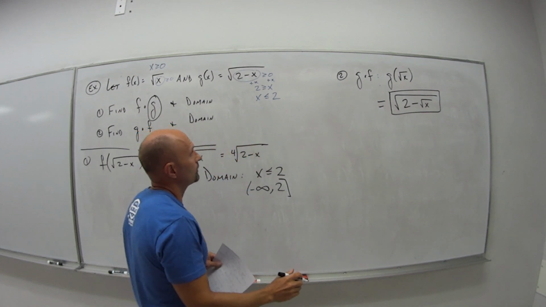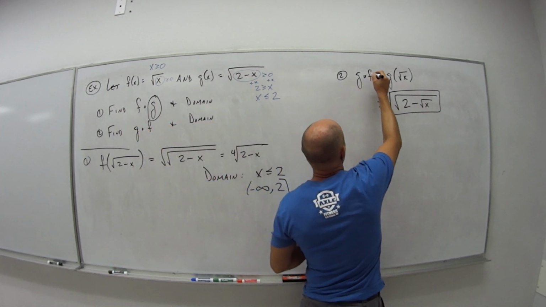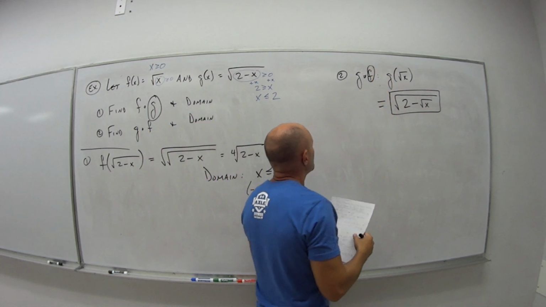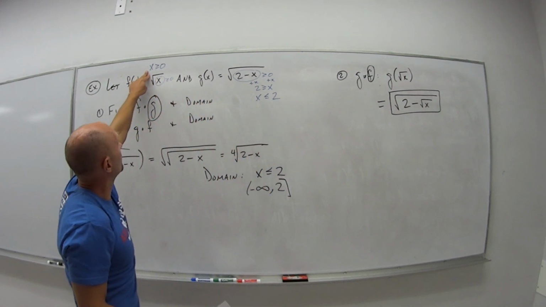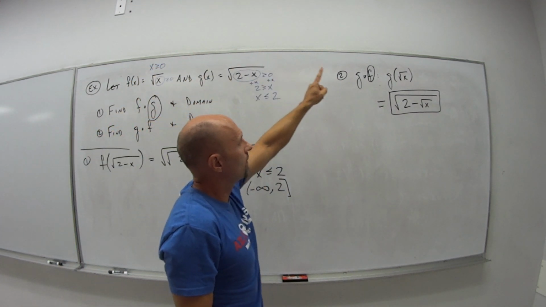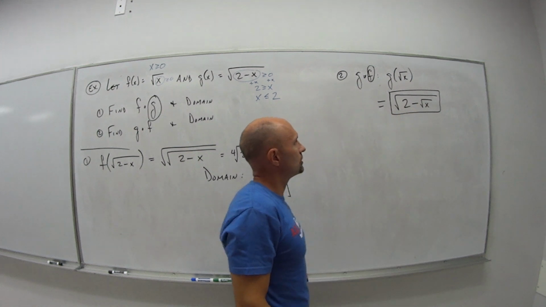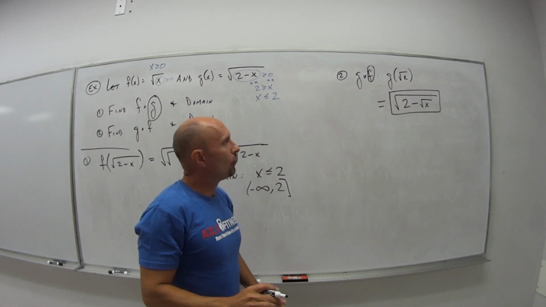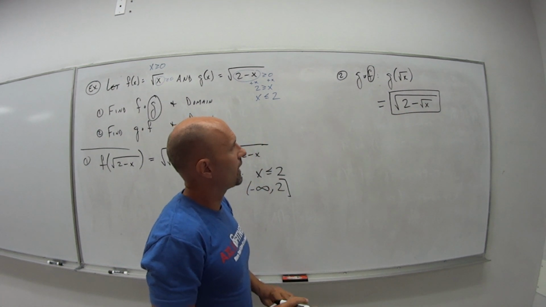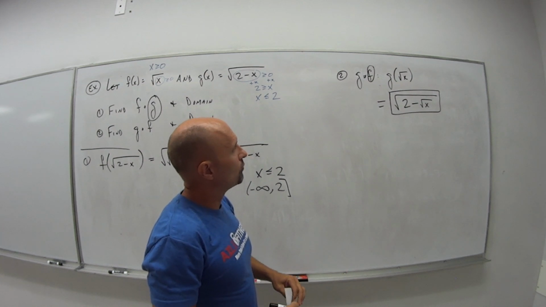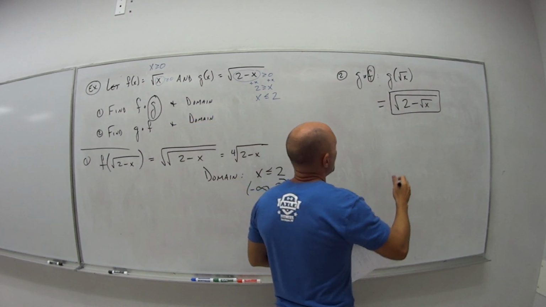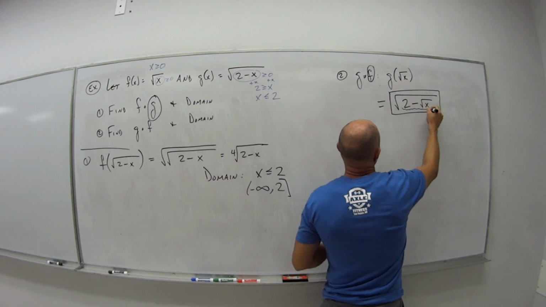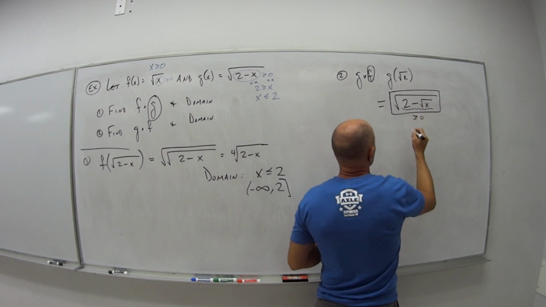And then we're also concerned, because it was g of f, it's the intersection of f, which is x has to be greater than or equal to 0, with this composite function. So in order to find the domain of that composite function, we know what? We know that this piece has to be greater than or equal to 0.